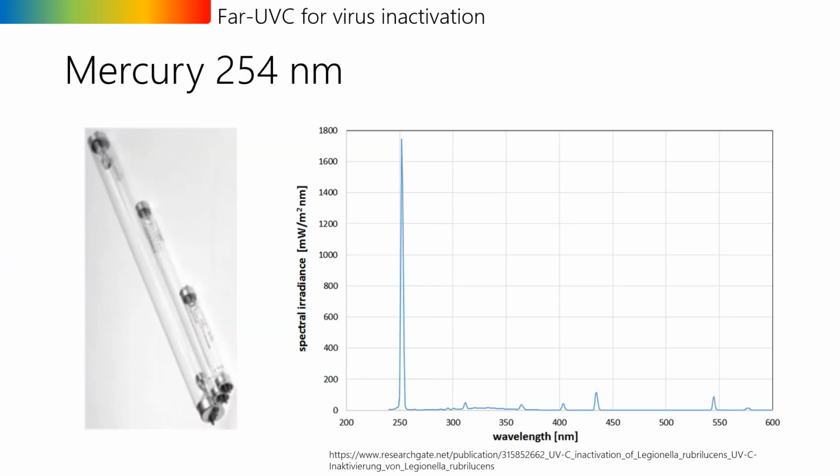Our phototherapy lamps are mercury lamps, but they have a phosphor coating on the bulb. The mercury emissions hit the phosphor and produce the narrowband UVB or broadband UVA radiation that we're accustomed to. But if the phosphor is removed, then what remains are the very sharp mercury emission lines, with the primary emission at 253.7 nanometers, as you can see on the slide here.